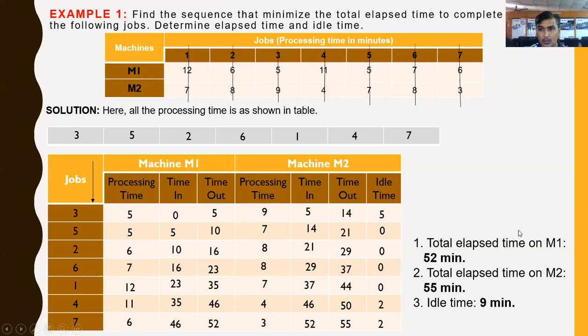The total elapsed time on machine M1 is 52 minutes, the total elapsed time on machine M2 is 55 minutes, and the total idle time, 5 plus 2 plus 2, is 9 minutes. This is the example.